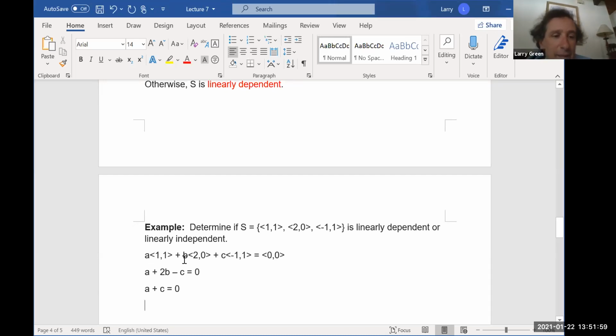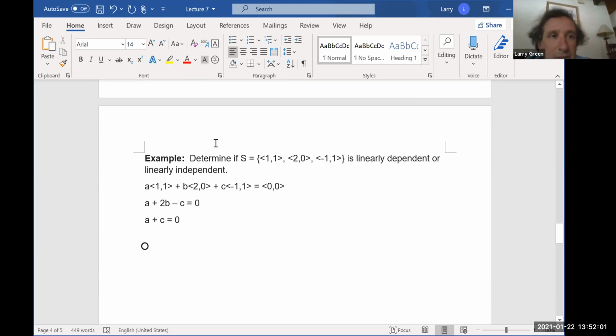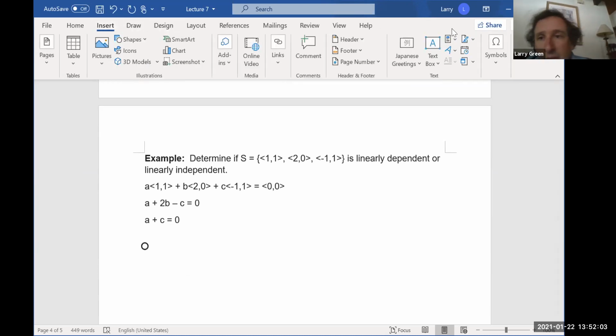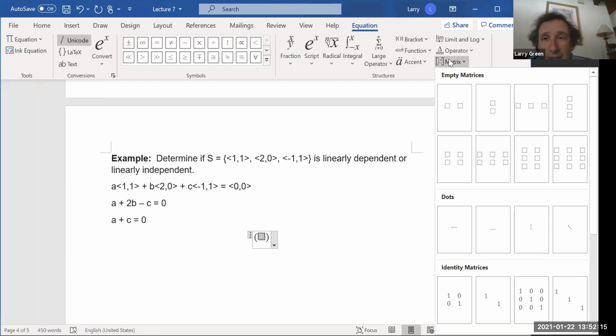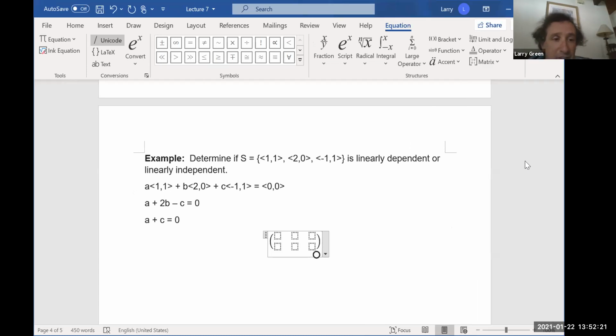So now I'm going to write down a matrix. Let's insert. This matrix is going to have 3 columns, 2 rows. Any questions on that?